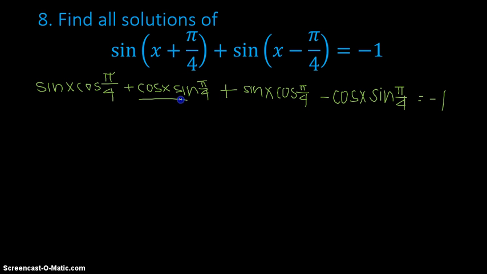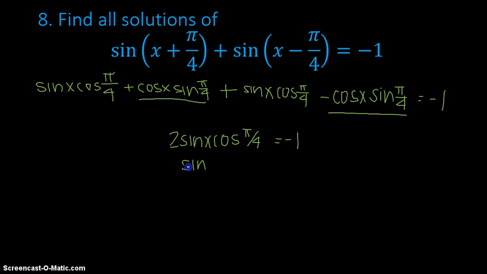My cosine x sine pi over 4 minus cosine x sine pi over 4 will cancel, so I just have two of these, the sine x cosine pi over 4s. So 2 sine x cosine pi over 4 equals negative 1.